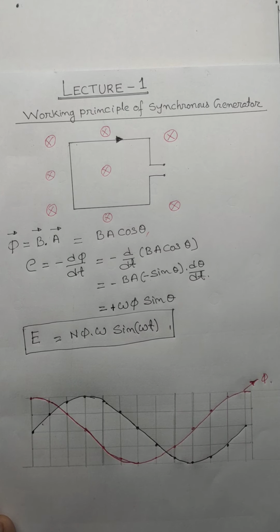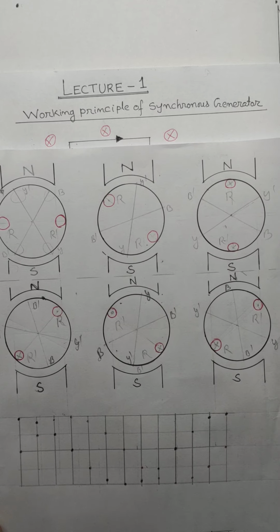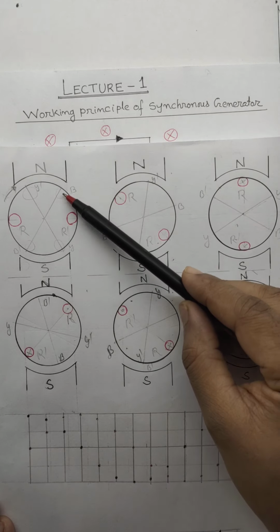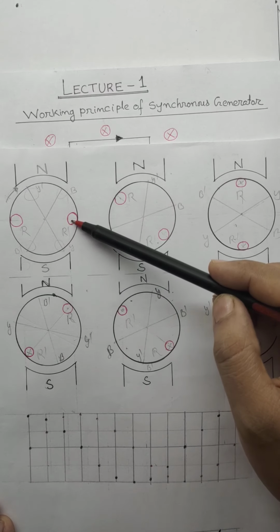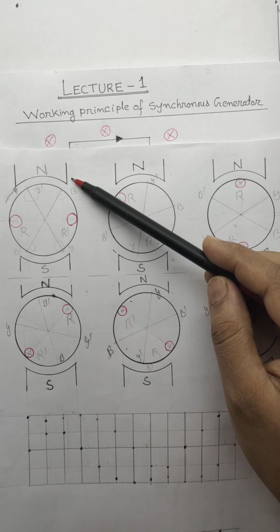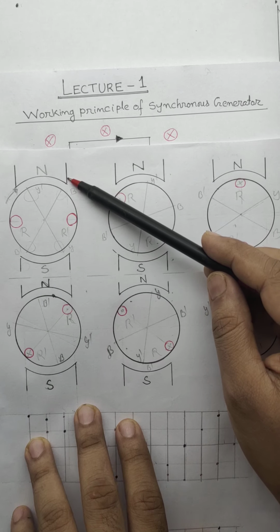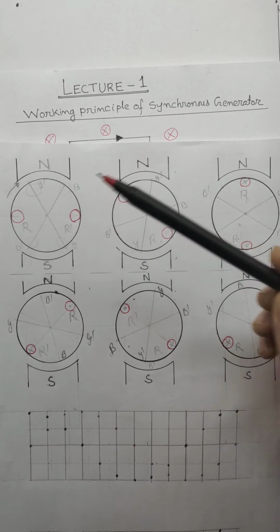In books of electrical machines, the diagram is drawn in this way. Here this is my rotor, in this the conductors are there, and this is my field, or the member that produces the flux. It can be the stator, whatever it is, the field.